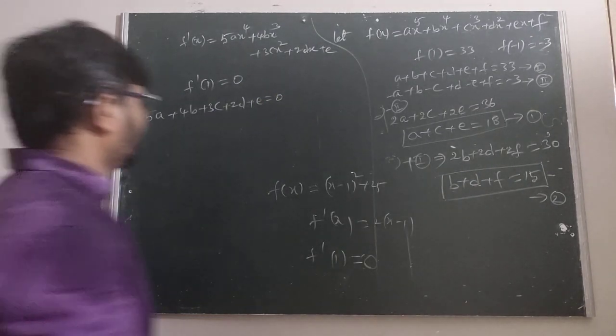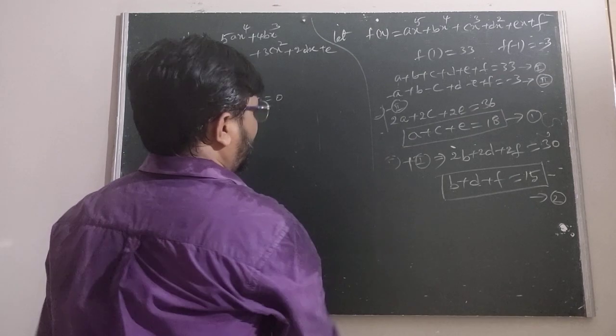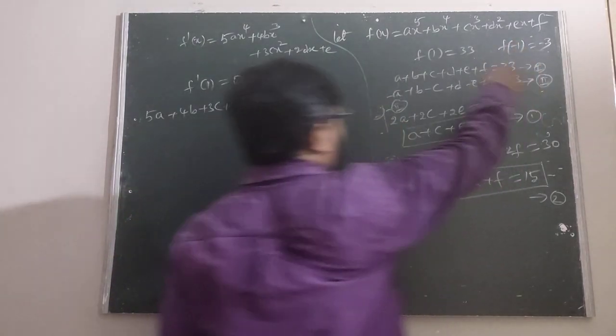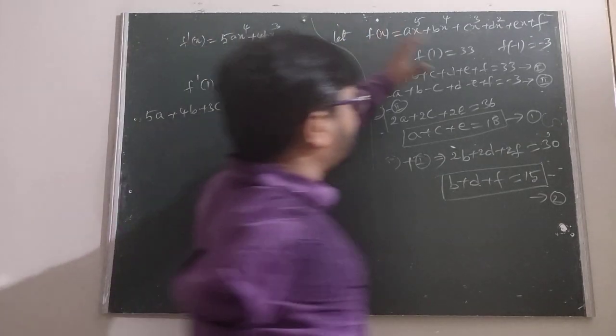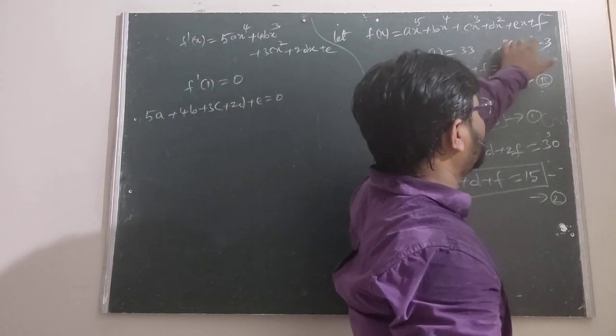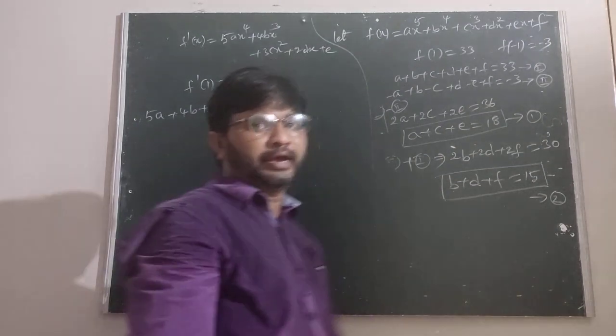Now we all know that f dash of minus 1 is also 0, because when divided by x plus 1 whole cube, the remainder is minus 3.